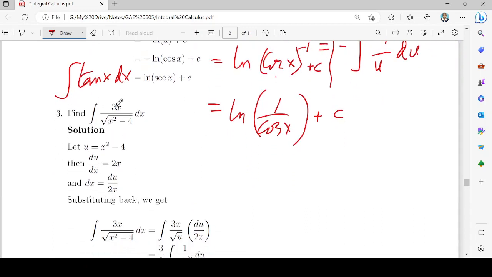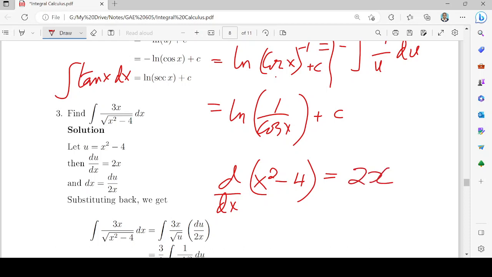This will apply in the same way for the integral of this kind, number 3. We notice that if we look at the function x squared minus 4, and then differentiate this with respect to x, we get 2x. We check the numerator whether the function 2x appears.